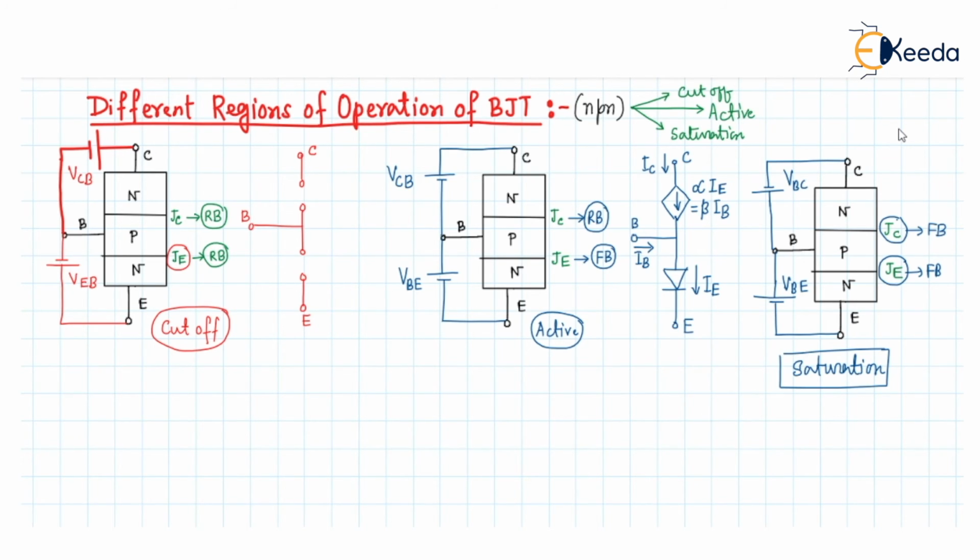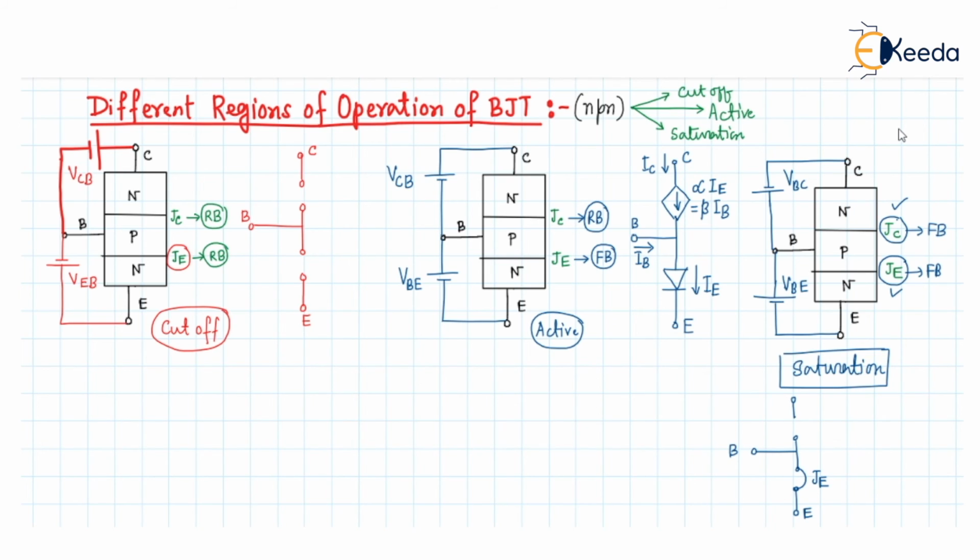In the saturation region, both junctions are forward biased. So the equivalent circuit of the transistor in the saturation region can be drawn in this fashion: both junctions are forward biased, so they can be represented by a short circuit, and there is an emitter terminal. This is the JE junction, which is forward biased.